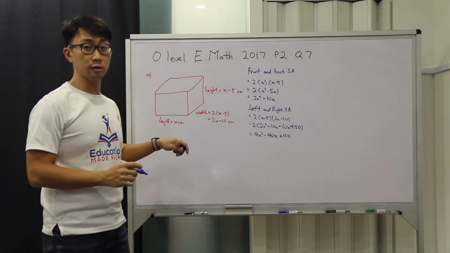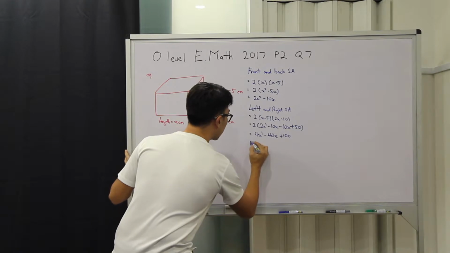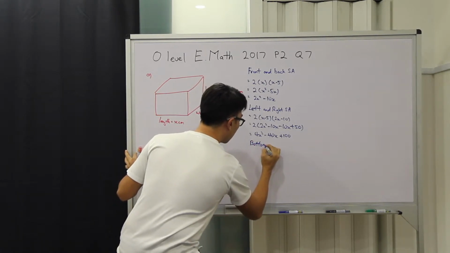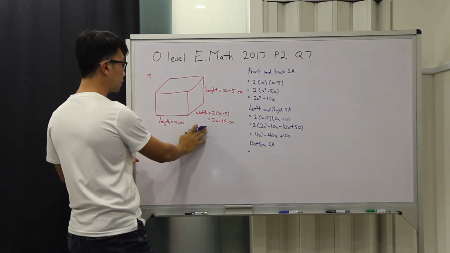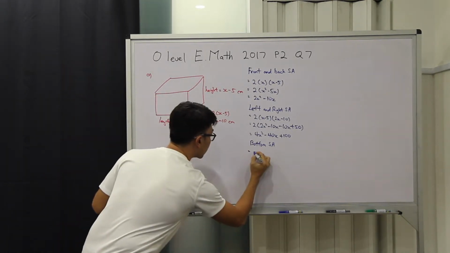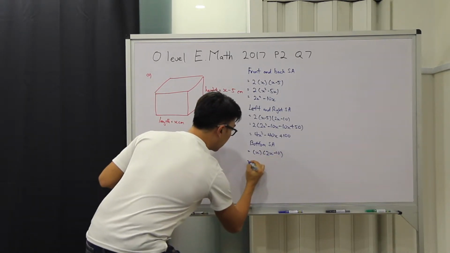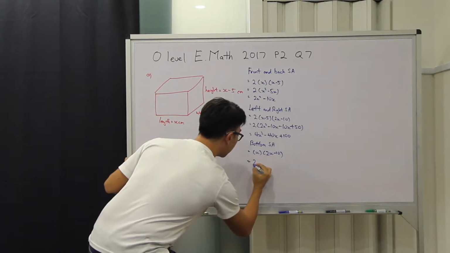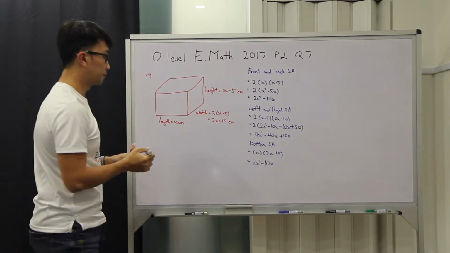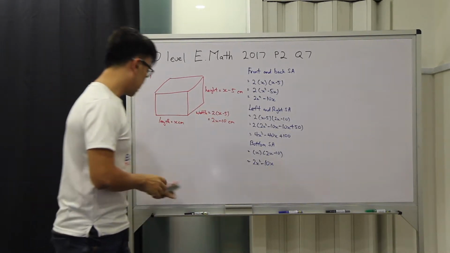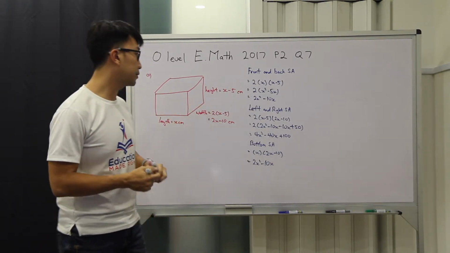As this is an open box, we just have to find the last piece, which is the bottom surface area. That will be length times width, so that will be x multiplied by 2x minus 10. By expanding this, we'll have 2x squared minus 10x. So let us continue by adding all of this surface area up.